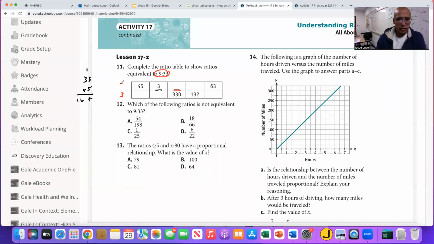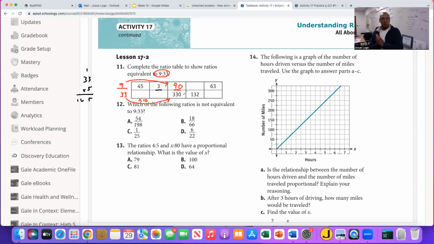We have 9 over 33, right? It's asking what over 330 is the same thing as 9 over 33. Well, I know that if I multiply 33 times 10, that's going to give me 330. So obviously I need to multiply 9 times 10, and that gives me 90, which makes perfect sense. That 90, notice the similarities, 9, 33, 90, 330. Should be the same thing.